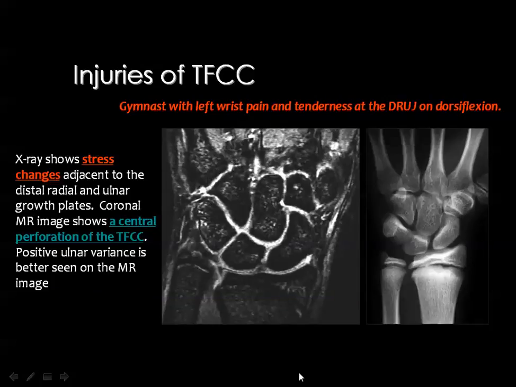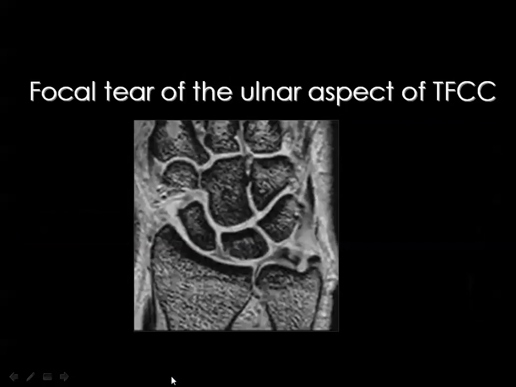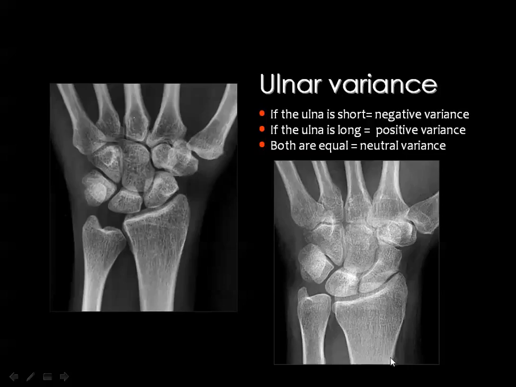Then tear of the triangular fibrocartilage in this particular example, and you see this is the site of the tear, this is the rest of the triangular fibrocartilage, and this is the normal attachment of the triangular fibrocartilage to the radius. The defect is here. And this is also a focal tear of the ulnar aspect of the triangular fibrocartilage here. And this is the rest of the triangular fibrocartilage. This is the normal attachment of the cartilage to the radius.